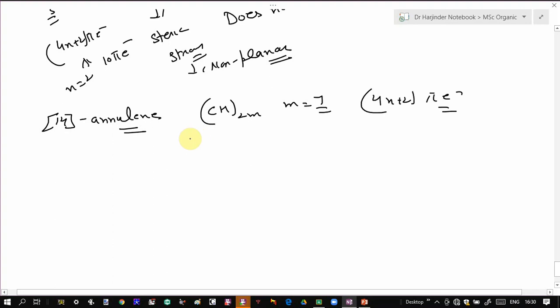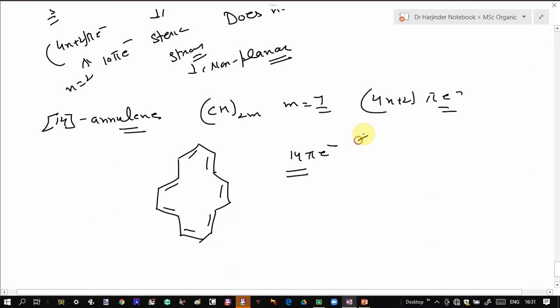If I draw its structure, since it is a slightly bigger molecule, it looks like this. You have double bonds over here, here, then at conjugate positions, here, here, and here. You can see it has 2, 4, 6, 8, 10, 12, and 14. So it is a 14 pi electron system.